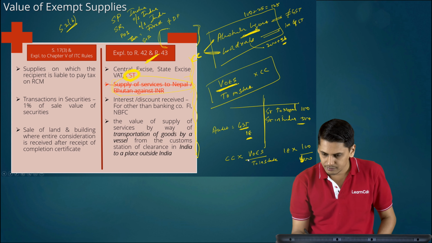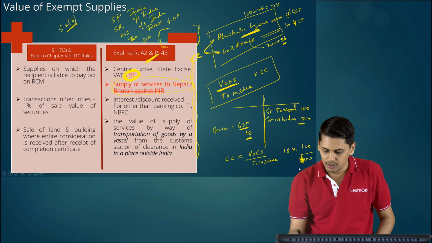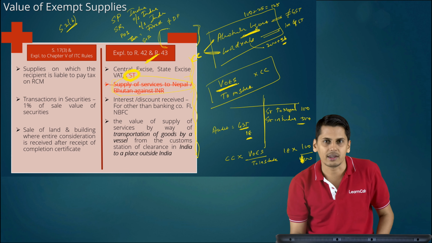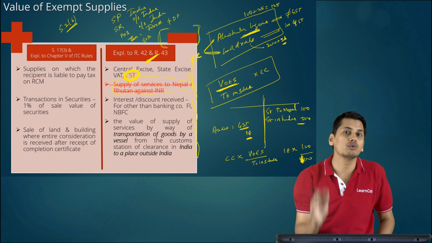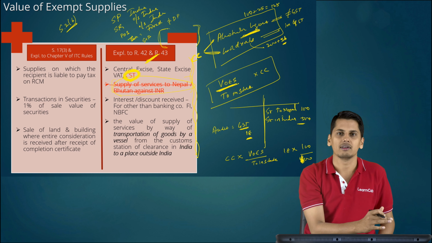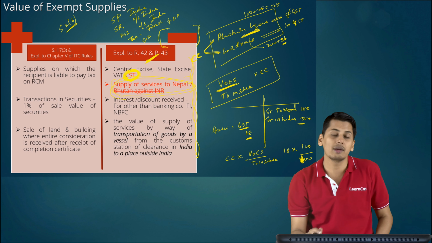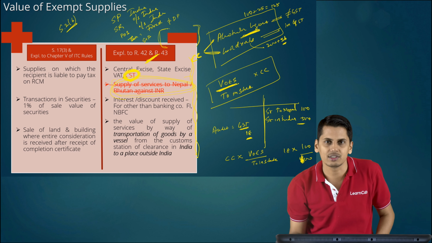So now friends, here divided by turnover in the state which is 600 rupees, this would have been the scenario. However, the explanation to rule 42 and 43 told you that while considering the value of exempt supply, do not take services to Nepal and Bhutan when you are receiving the consideration in INR.